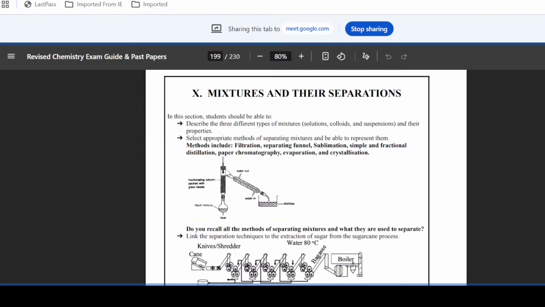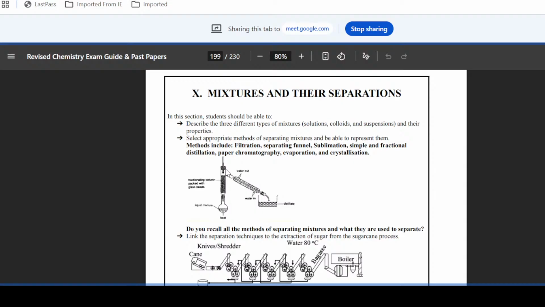All right, we know that simple and fractional distillation, evaporation and crystallization, the principles are similar because they all involve heating, and typically the substance with the lower boiling point will leave the mixture as a vapor.